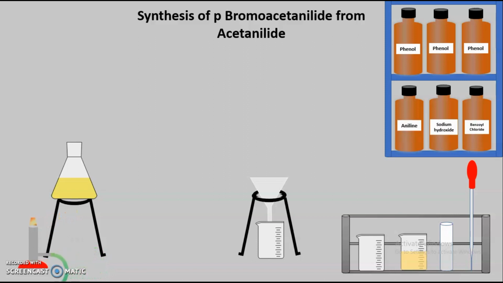Now we will stop the heating and filter this product as it is while the solution is hot, and once we cool this solution, we will get our required crystals. So in this way we can carry out the recrystallization of para-bromoacetanilide, which leads to the formation of our crystallized product.